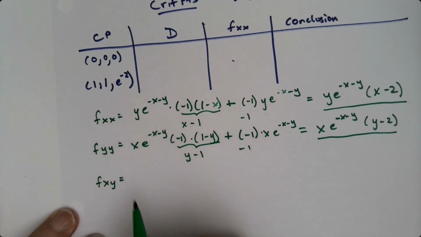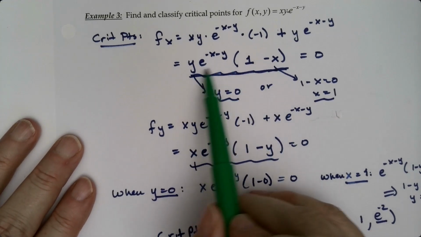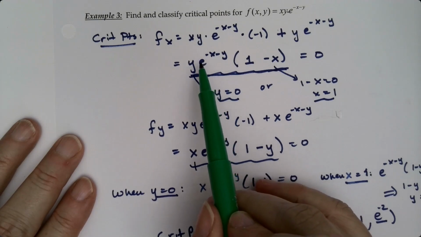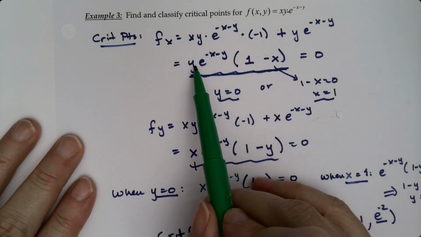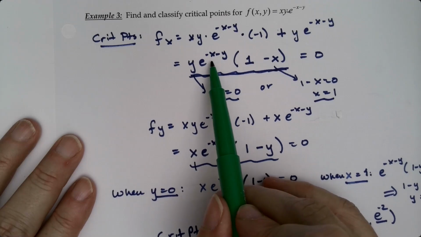fxy would be, let's see, this is going to be weird. So the derivative of this with respect to y is going to require product rule because we have a y times this.